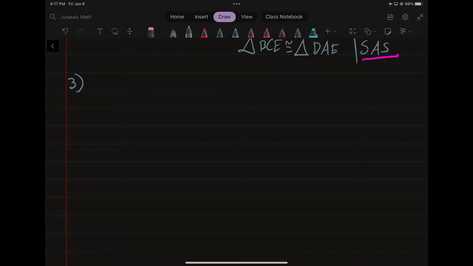So, we are given AE is parallel to DF, and AE is congruent to DF as well. And finally, we are given AB is congruent to CD.